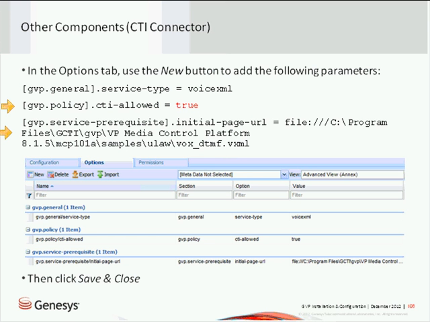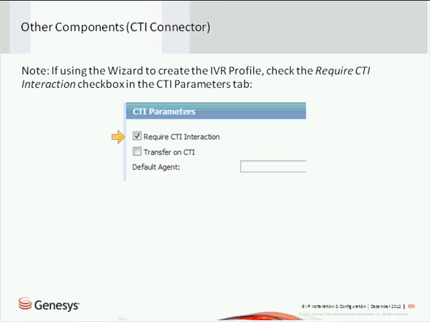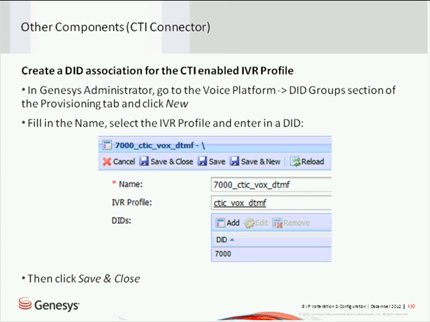I happen to pick one of the default applications, the one that just requested DTMF and then played audio files that came with the samples directory. But if you're using the wizard as I pointed out before, you have to check this off, and you should be good. You will create a DID group associated with this. So I've added this for DID 7000.